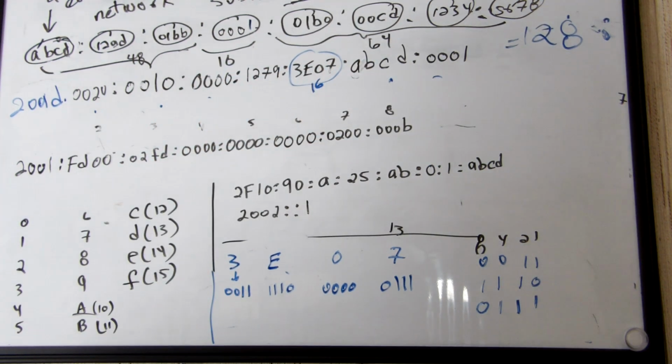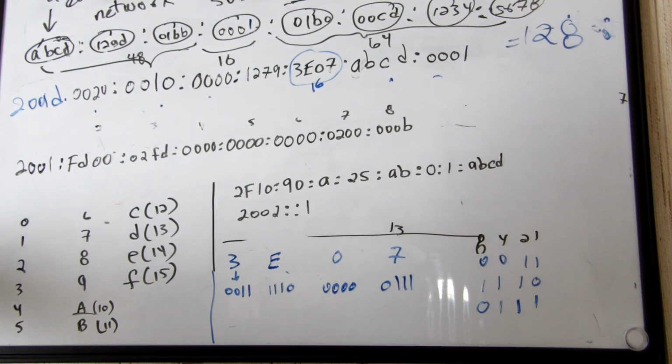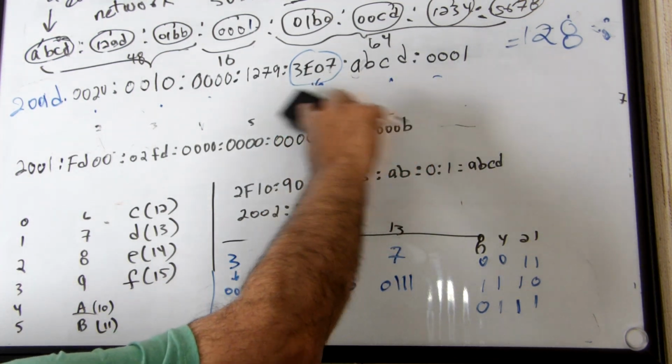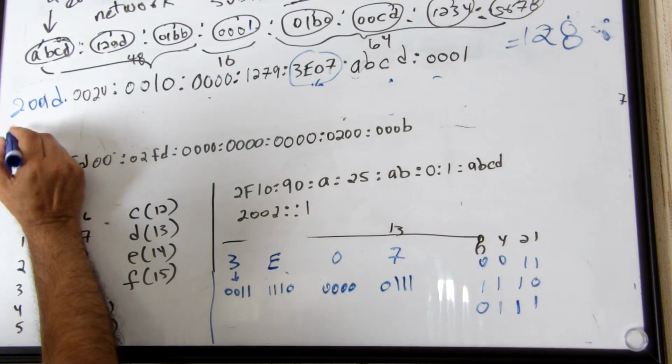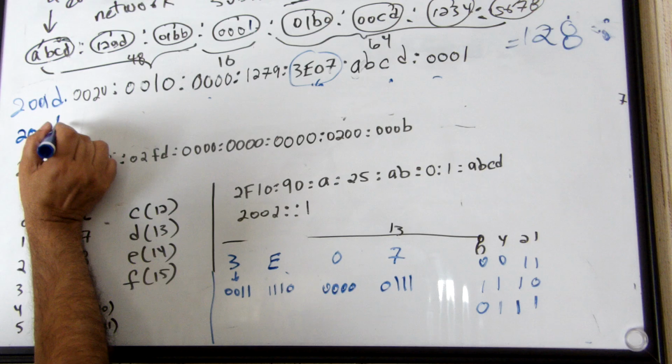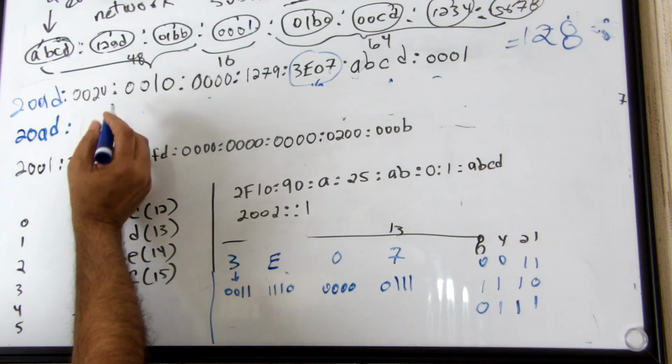Now for abbreviation, we're going to talk a little bit about abbreviation. Mostly we use abbreviation. Like we can write this one as 20AD. These are colons.